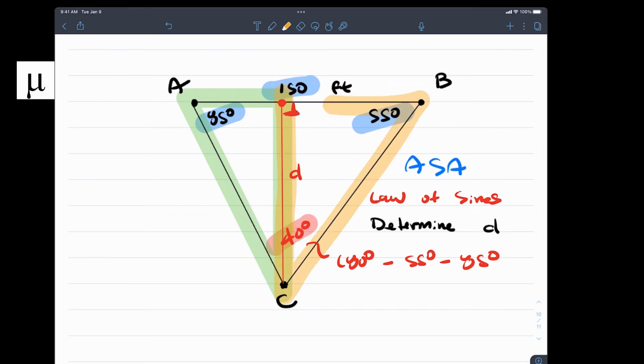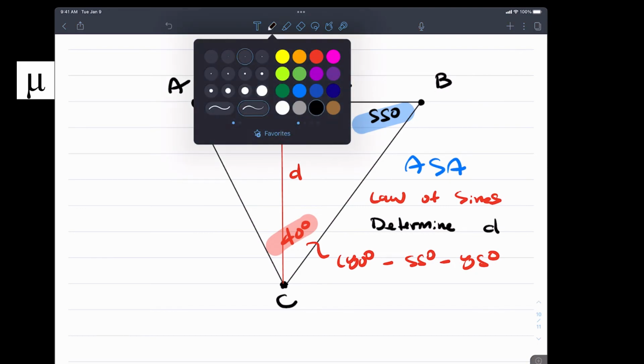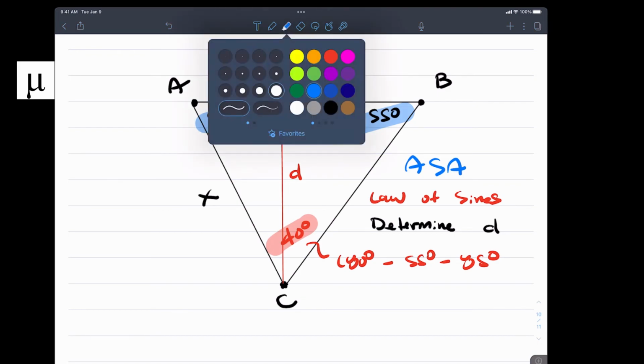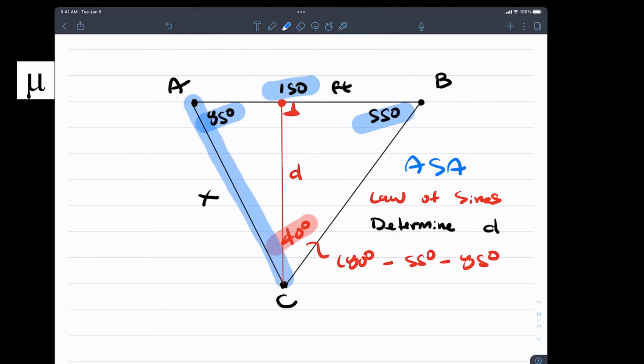Which one do you want? Okay. So you say, I want the left. Well, then what you have to do is get this here. You say, what is that? That's AC. You can call it X, right? So find that distance.